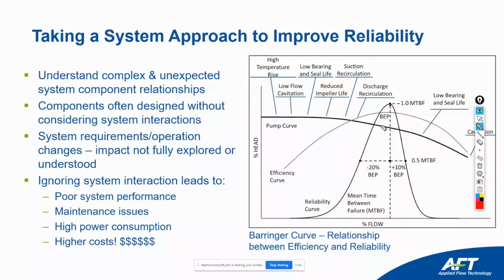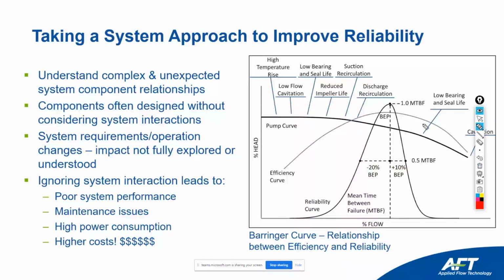And there are various standards available for allowing your pump to operate within various proximity to the best efficiency point. One of the standards is 20% less than the BEP or 10% above the BEP, and that's a preferred operating region that you'd want to stay within.